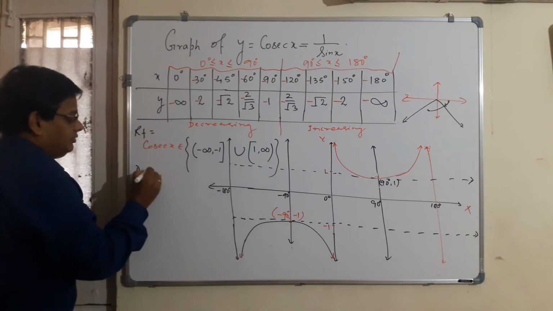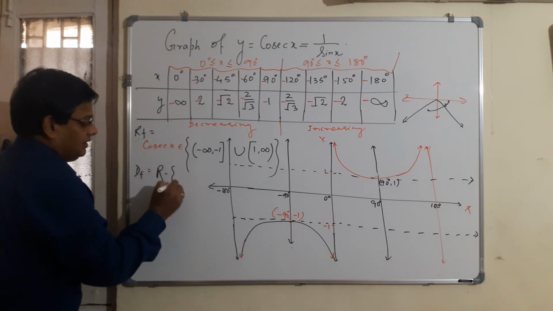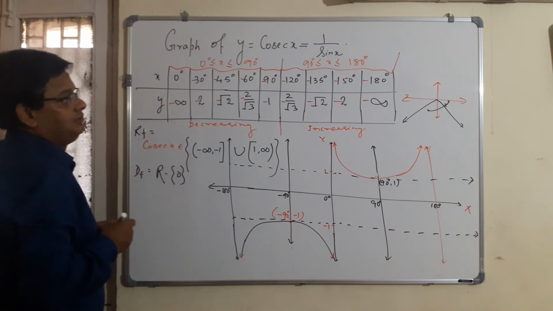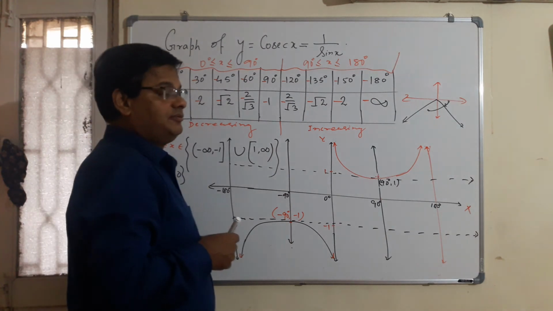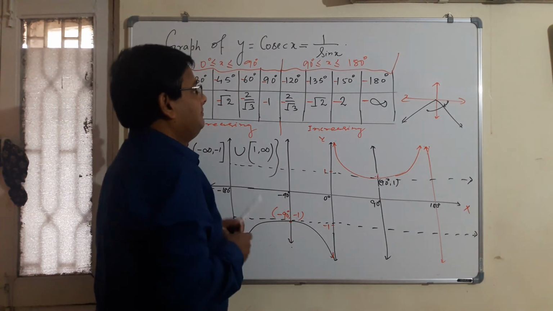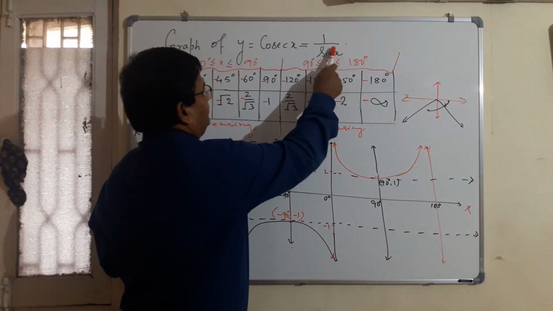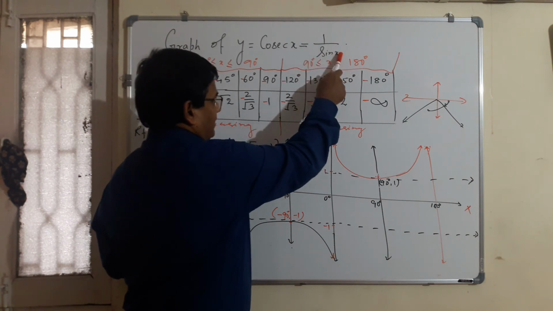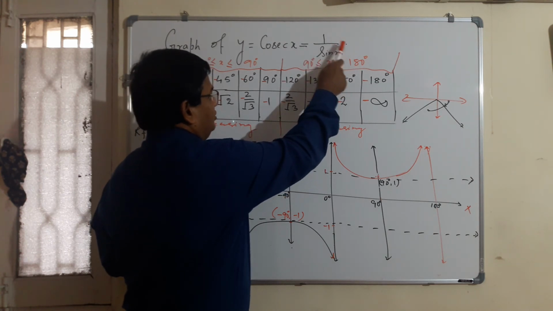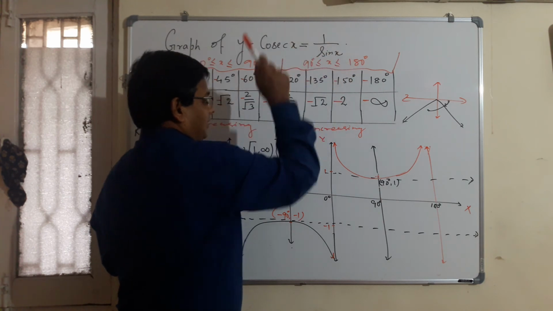The domain is the set of all real numbers except 0. Why? Because for x equal to 0, 1 by sine 0 is equal to infinity, not defined.